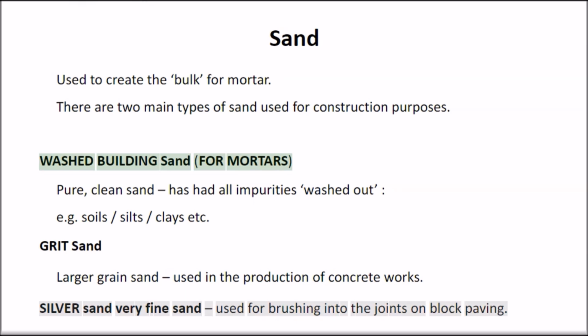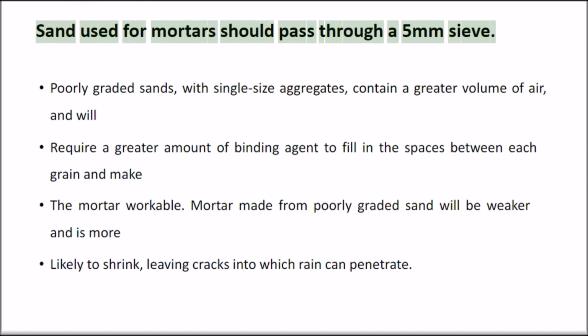Washed building sand, for mortars, is pure, clean sand that has had all impurities washed out, e.g. soils, silts, clays, etc. Grit sand is larger grain sand used in the production of concrete works. Sand used for mortars should pass through a 5 mm sieve.